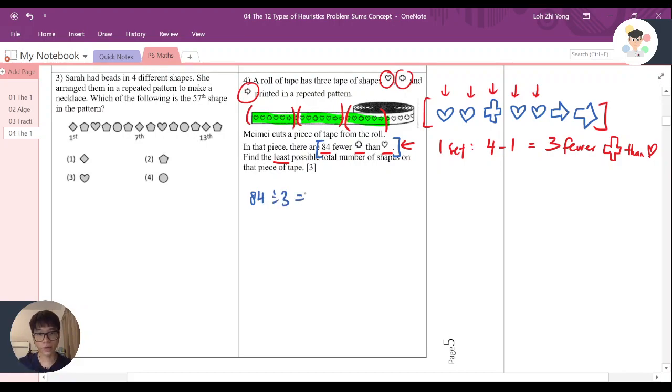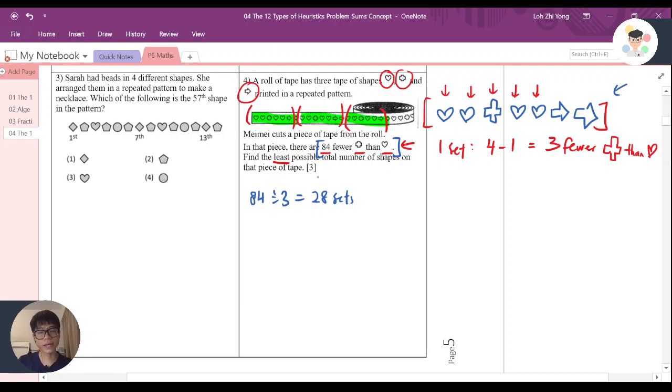If you press it on your calculator, 84 divided by 3, you're supposed to get 28 sets. Basically, we have these sets 28 times, and it doesn't have any extra, which means every set is nicely complete, as you can see.